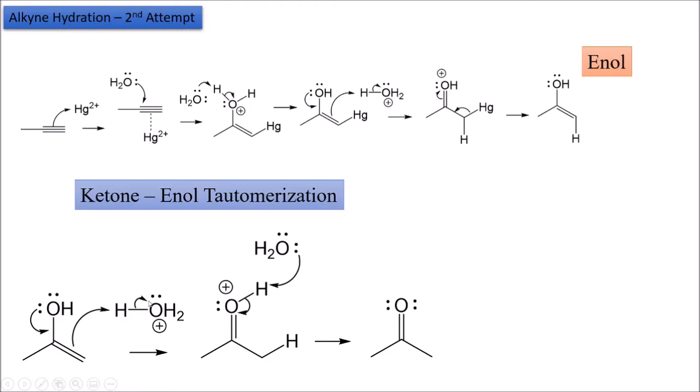Tautomerization is an equilibrium process where an enol will convert to a ketone. And while it does exist in equilibrium, the products are actually favored in this case. The ketone is the most stable form, and that two-step tautomerization tacks on to the end of this mechanism.